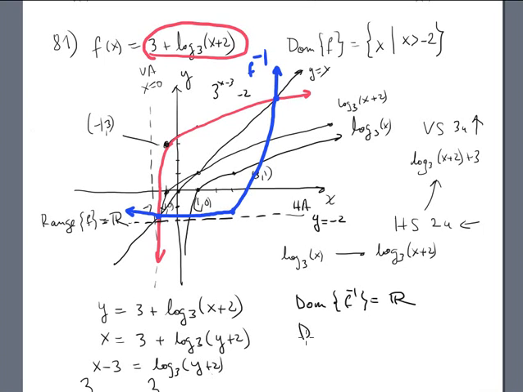And the range of the inverse function is only the values of y above the horizontal asymptote. So it is y such that y is greater than negative 2, and this corresponds exactly to the domain of the original, but I change x for y because it's the range.